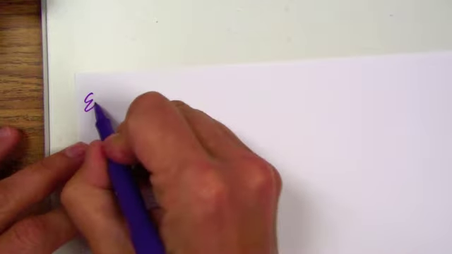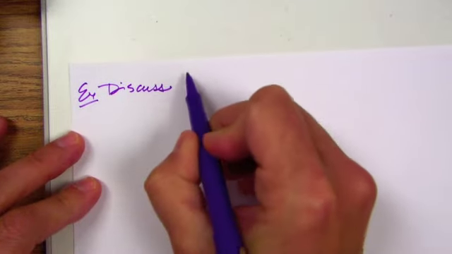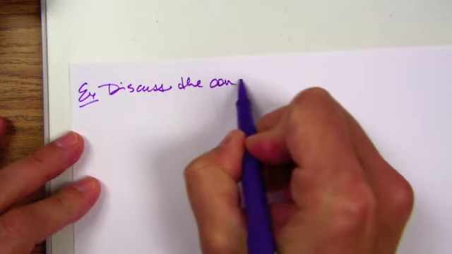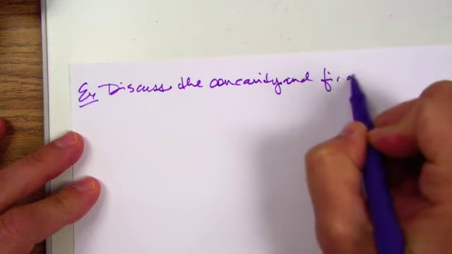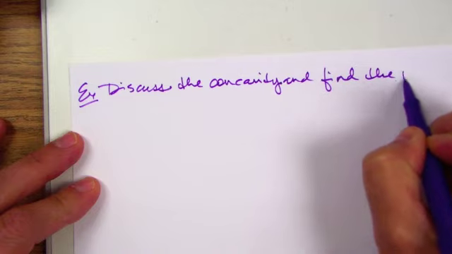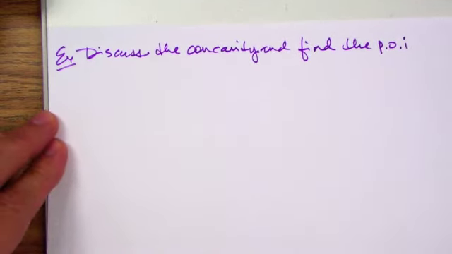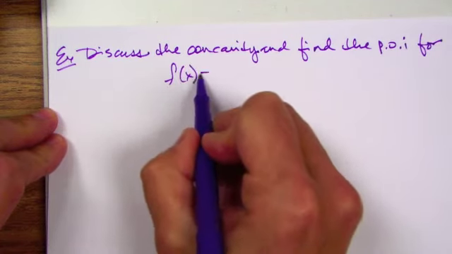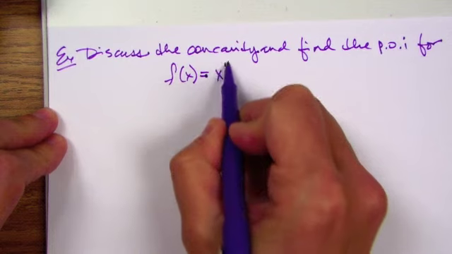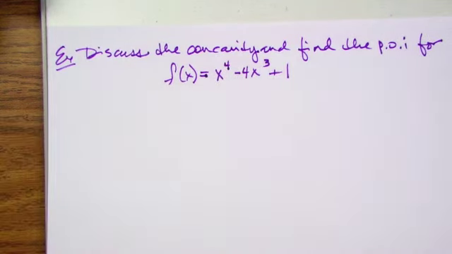Let's do an example here. Discuss the concavity and find the point of inflection for f of x equals x to the 4th minus 4x cubed plus 1.